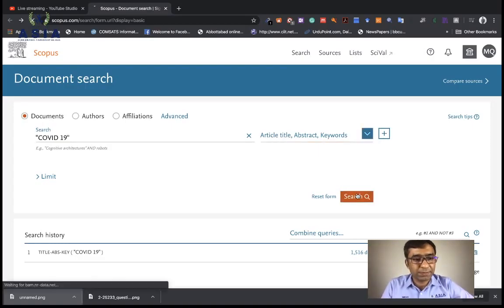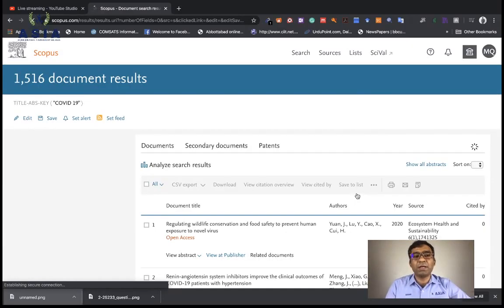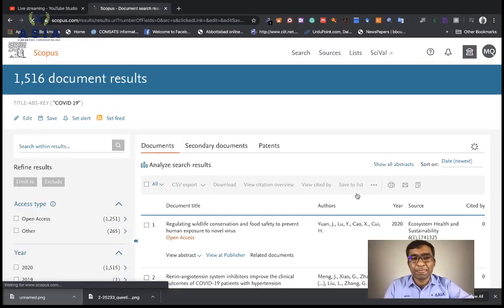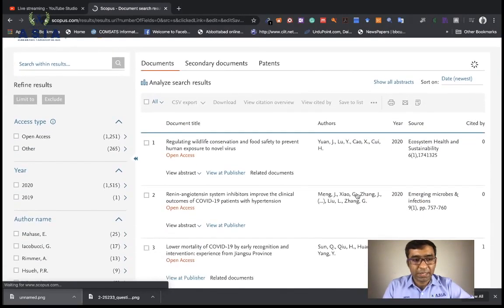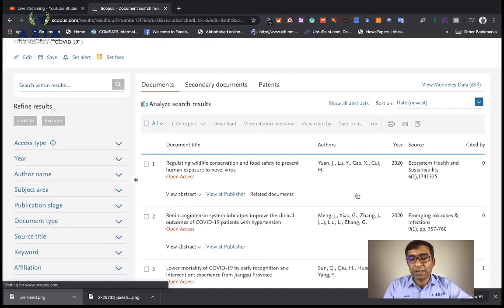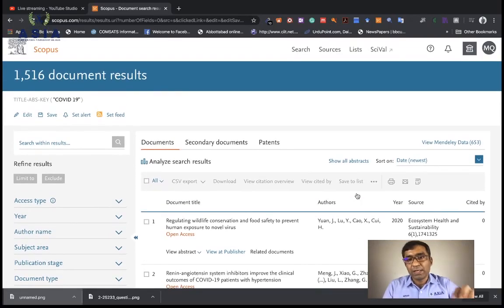So let's search. We have these 1516 articles. If you see, this interface is very interesting. Those who cannot access Scopus now can ask your friends, give them the keyword, and those who have access can extract the records and send them to you.